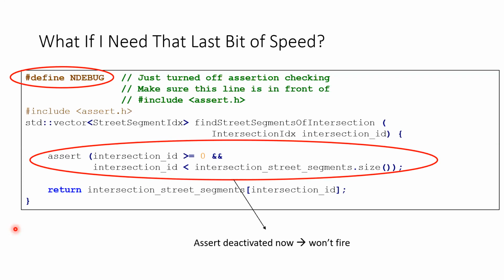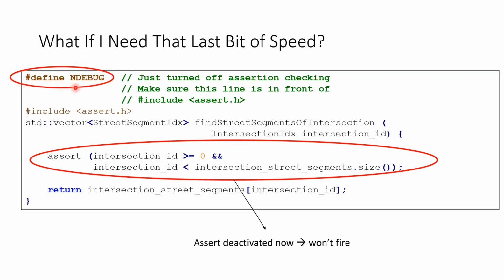And in some cases, assert might take some time to run. So when you are running the auto testers and you need the last bit of speed, just turn it off by enabling this flag.